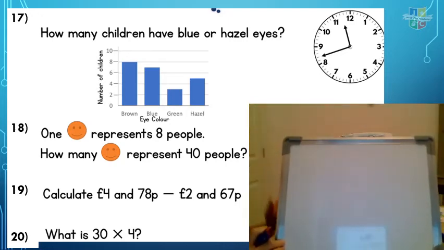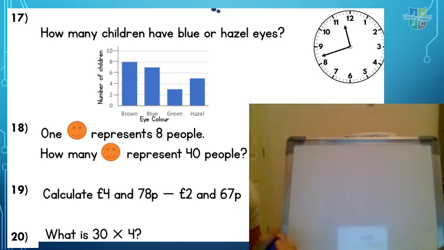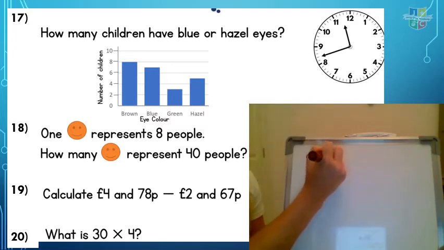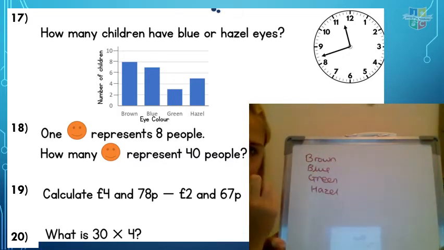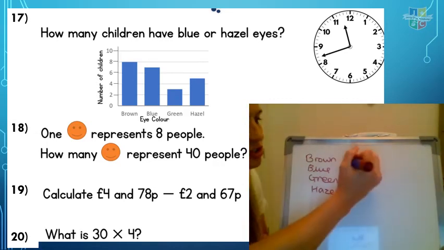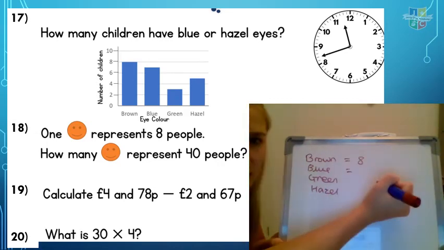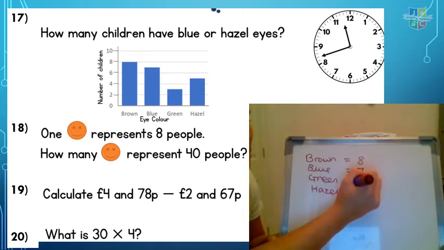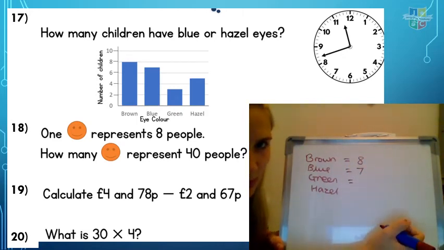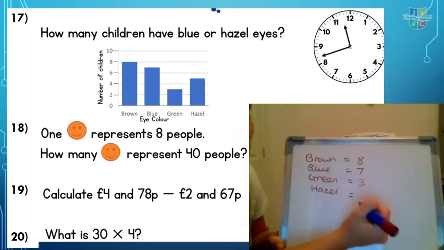Okay, number 17. How many children have blue or hazel eyes? Well, first of all, let's work out how many each has got. So we've got brown, blue, green, and hazel. If we have a look, there are 8 children that have brown eyes. It's between 6 and 8, so it's going to be 7 children that have blue eyes. It's between 2 and 4, so it's going to be 3 children have green eyes.